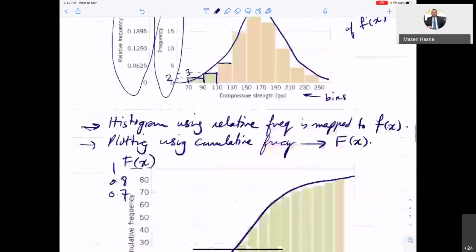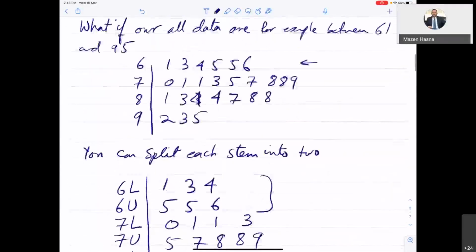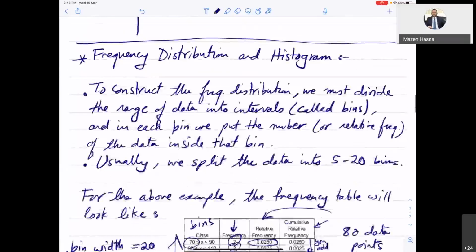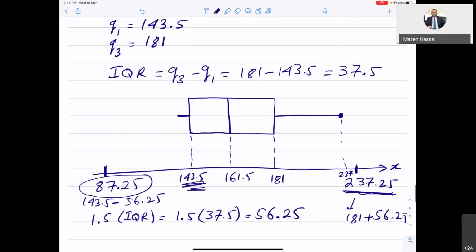What's the point just above 87.25? We have 87, but 87 is less than 87.25, right? So the next one is 97. So plot a line just to 97.